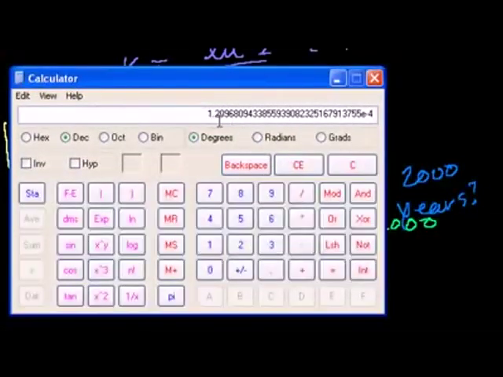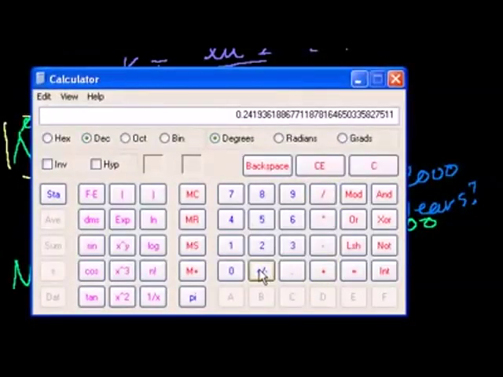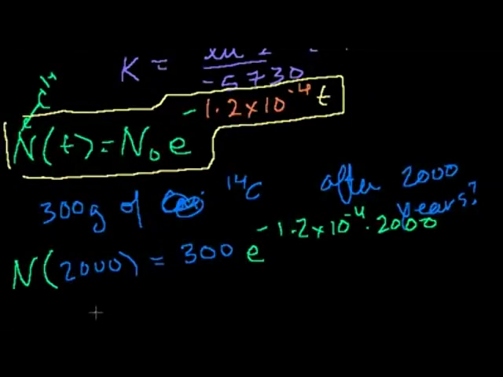So I already have that 1.2 times 10 to the minus 4 there, times 2,000, and of course there's a negative out there, so I have to raise e to the negative of this power, which is 0.241.